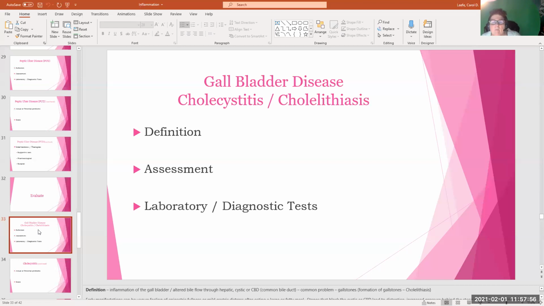And then the hallmark diagnostic test is going to be an ultrasound, because they can visualize the gallbladder. They can see thickening of the wall, any sludge that's present in there, and any stones, and they visualize the ducts. So the first thing is going to be pain for them, as well as they're going to be diaphoretic and things.